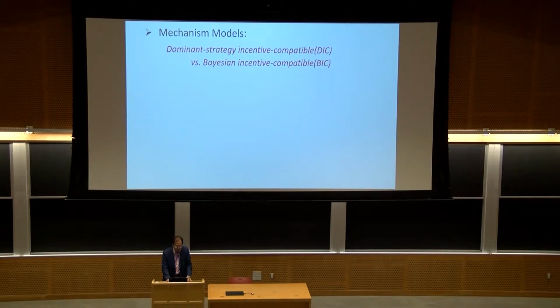And we all know that the dominant strategy incentive compatible is a very strong one. It just means that if you use this mechanism, then in any circumstance, the bidders have an incentive to just tell the truth. Now the Bayesian one is more relaxed.